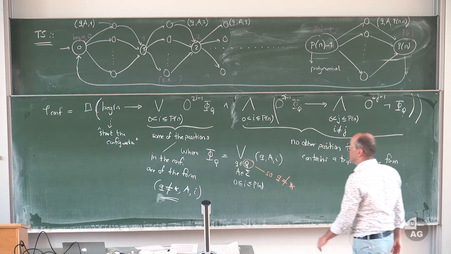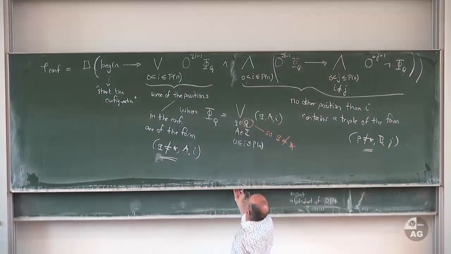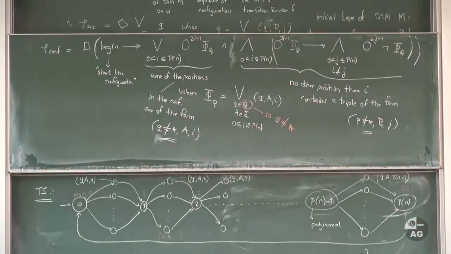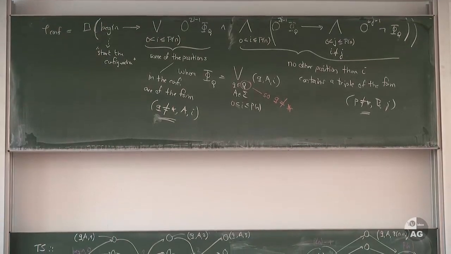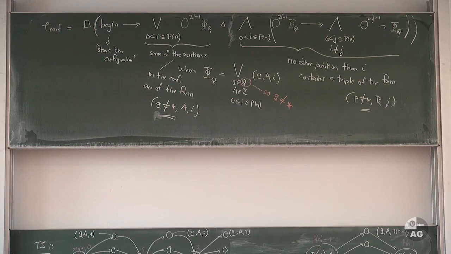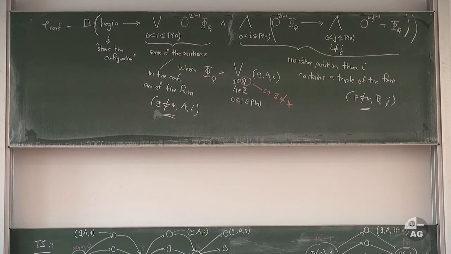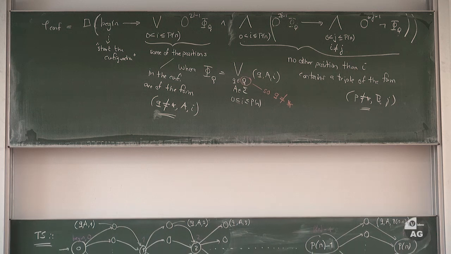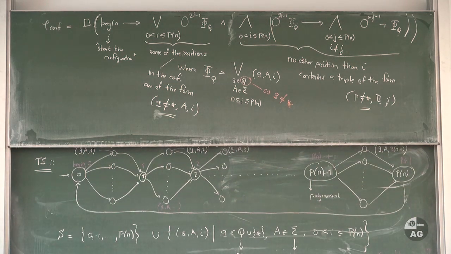Good. Now we get to the hardest part, the transition relation. I hope you still see that the length of the formula is still polynomial in the size of the Turing machine. Last part: the transition relation.